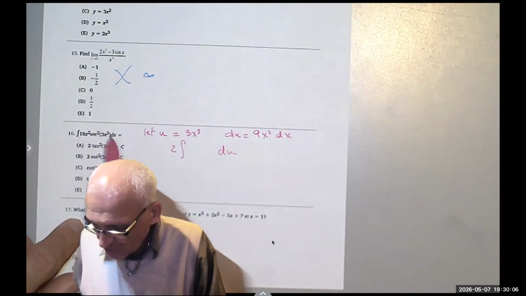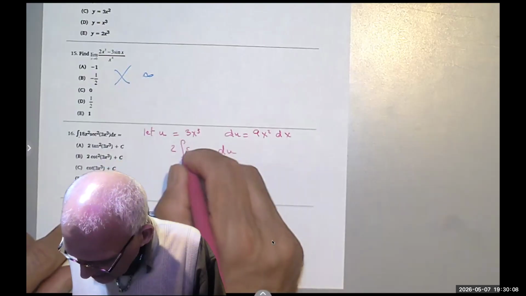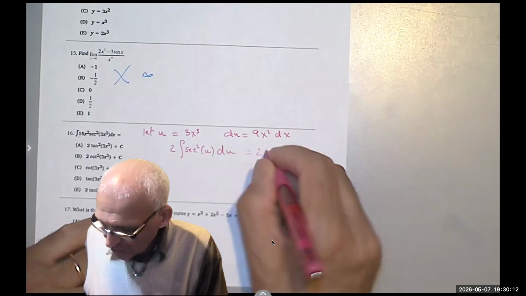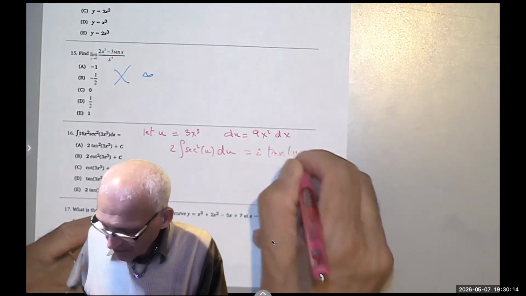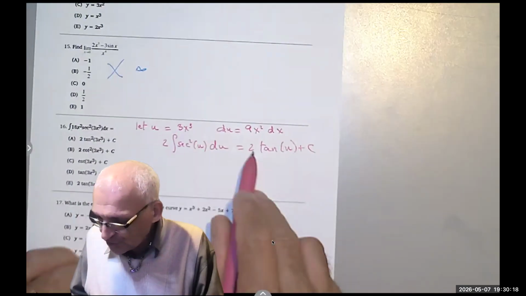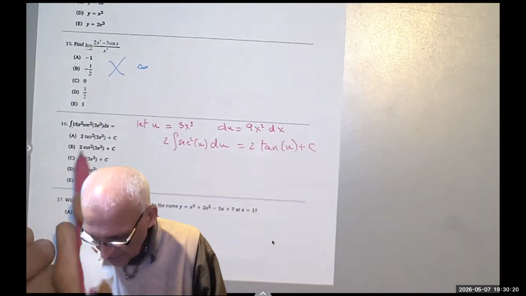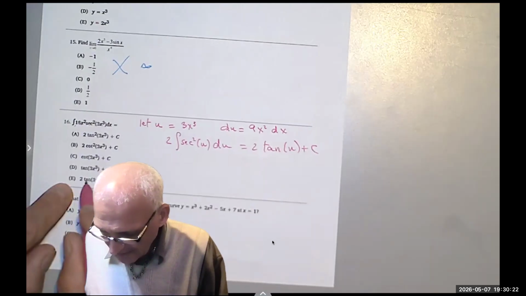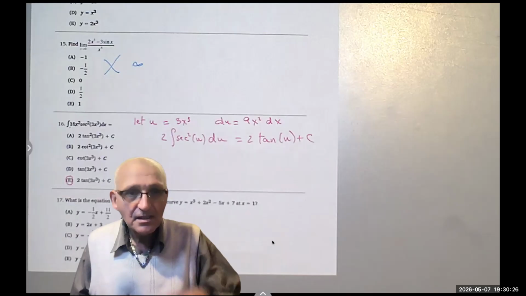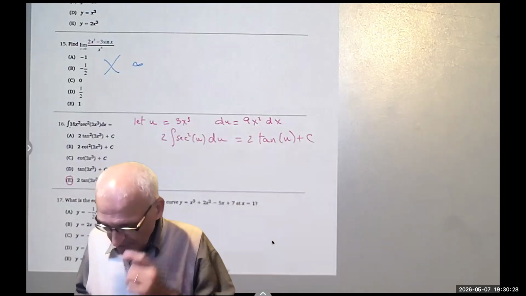And 3x cubed is u. So this is secant squared u du. The answer is tangent u plus a constant. But u is 3x cubed, so the answer is tangent of 3x cubed plus a constant. It becomes very easy by using substitution.